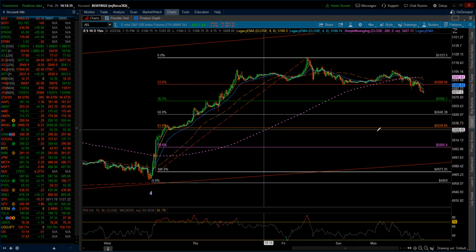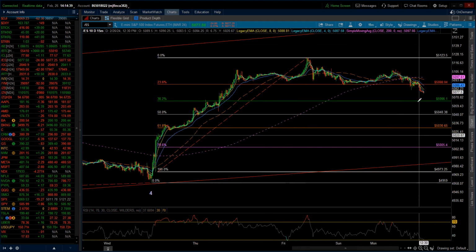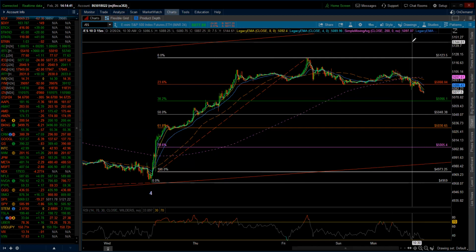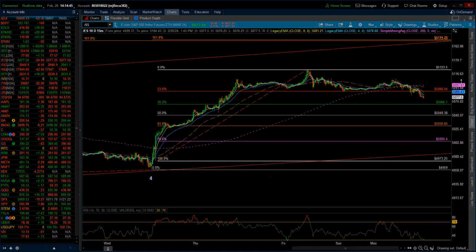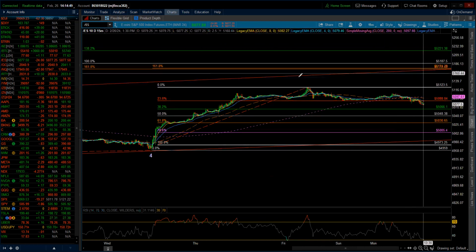The 50% to 62% retracement, and that would be for the B wave. And then we rally one additional time, and that again would still give us areas up into here.